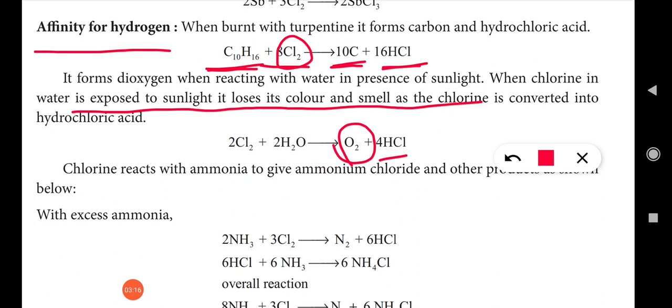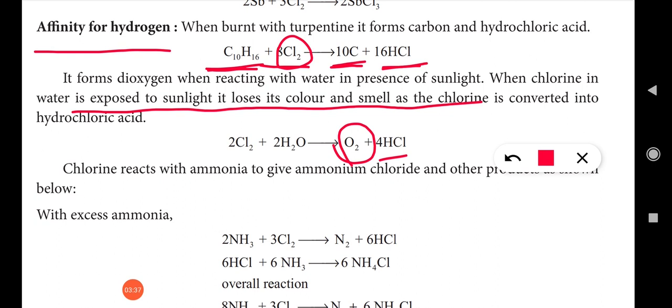Chlorine gas is greenish yellow, so when it is dissolved in water you get a yellow colored solution of chlorine. When you expose the chlorine water to sunlight, it loses its color and odor.